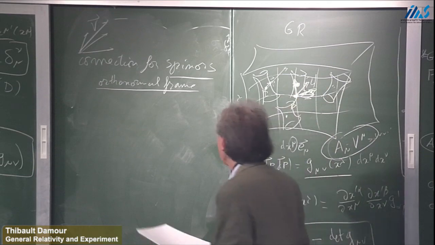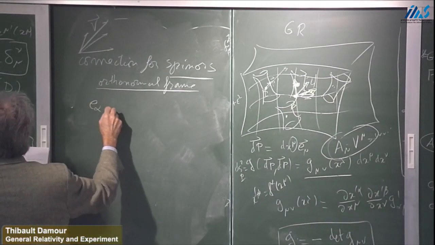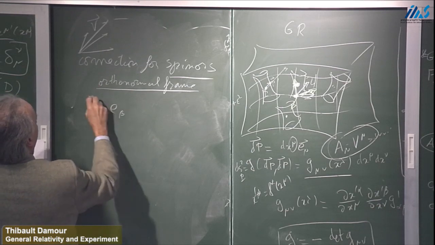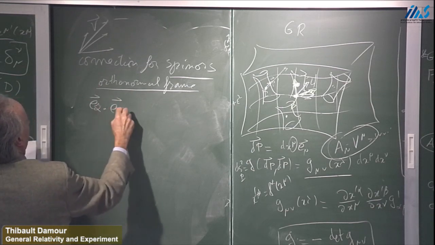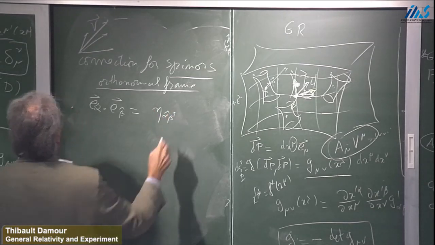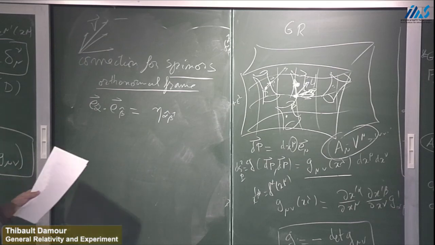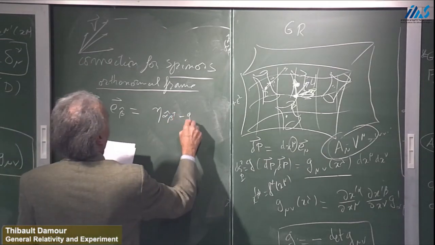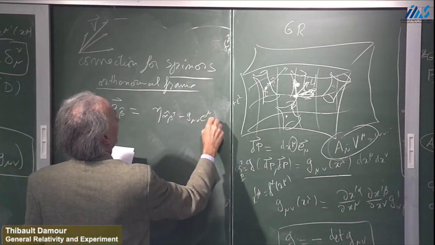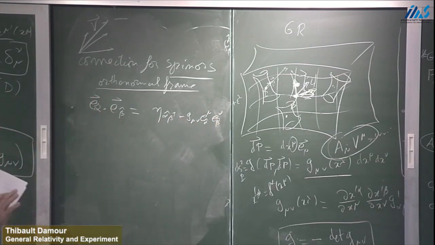Not an arbitrary frame, but an orthogonal one. So I need a set of vectors, e_alpha, e_beta, such that the scalar product of these is equal to eta_alpha beta. Scalar product in the sense I had written somewhere here, where you contract, so let me write it again. It means g_mu nu e^mu_alpha e^nu_beta. Okay, so you give yourself this structure now.